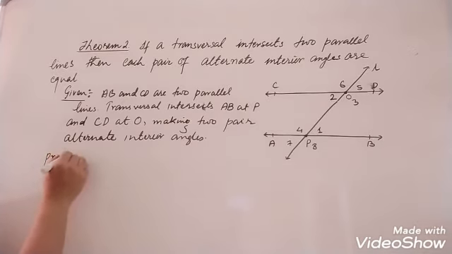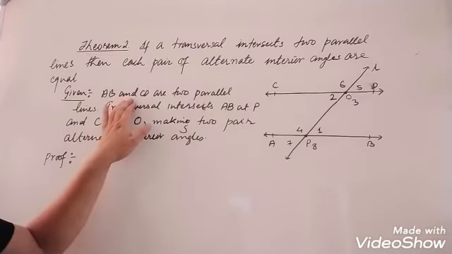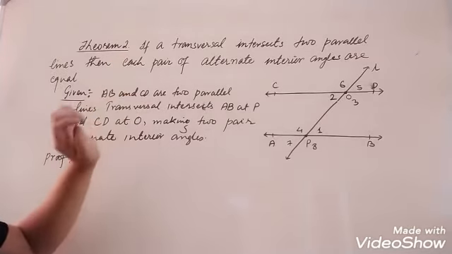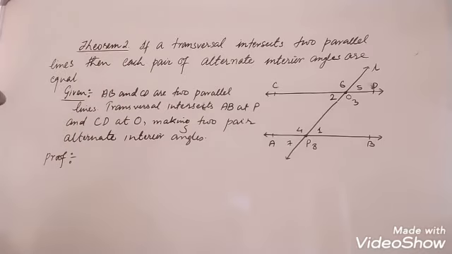Now in the proof, given is nothing; we have to write the information in the statement. It is given.